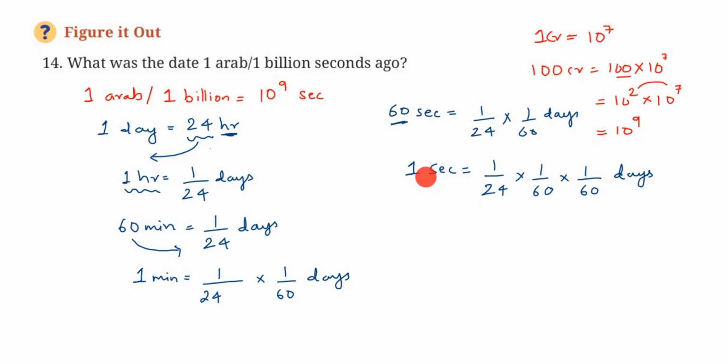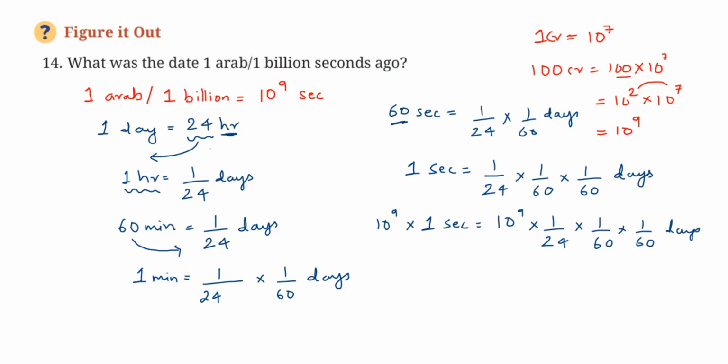To find for 10 to the power 9 seconds, I will multiply both the sides by 10 to the power 9. So 10 to the power 9 times 1 second is equal to 10 to the power 9 times, this is a very big calculation, 1 by 60 times 1 by 60 days.